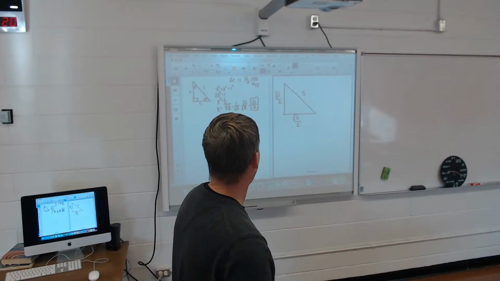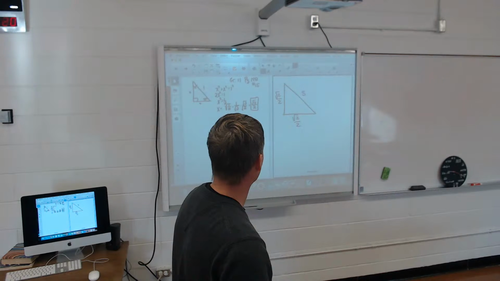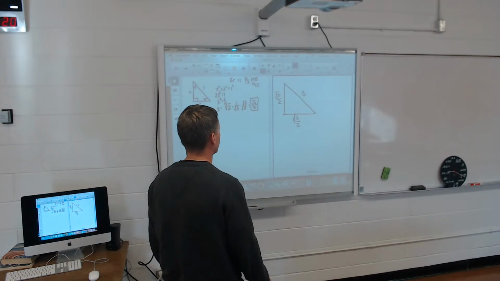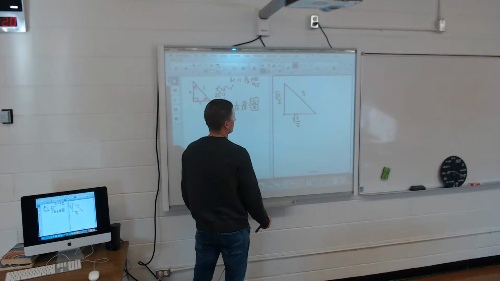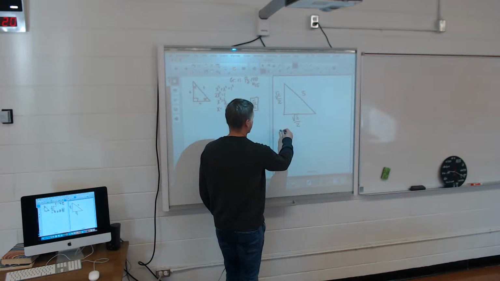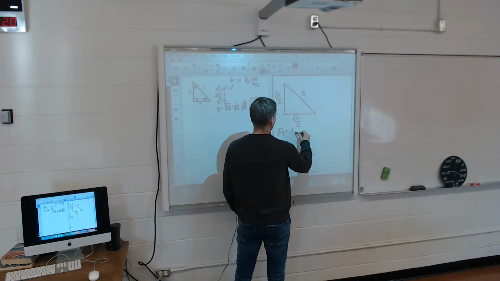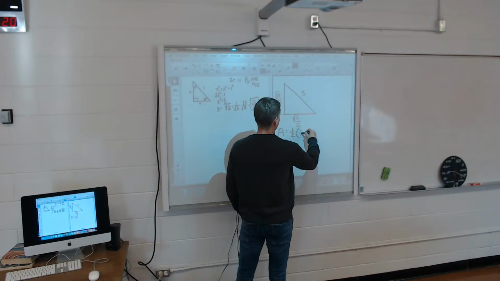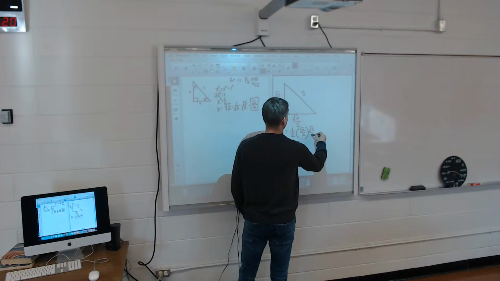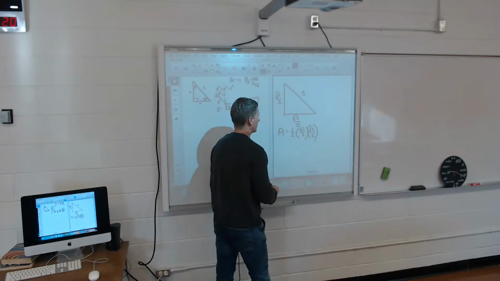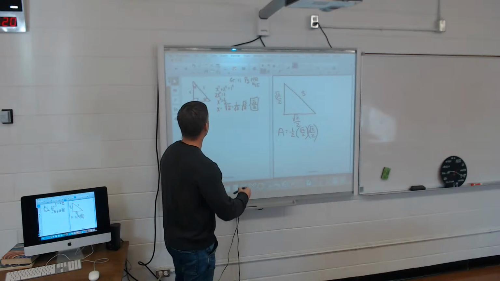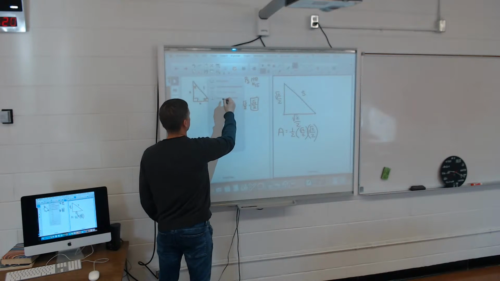All right, so if I was looking for the area of this, I feel like I don't need to do it this way. Because the area of this would be 1/2 root 2 over 2. No, scratch this. I don't like the way that this is set up. It must be using S in a different way. So let's try this again.